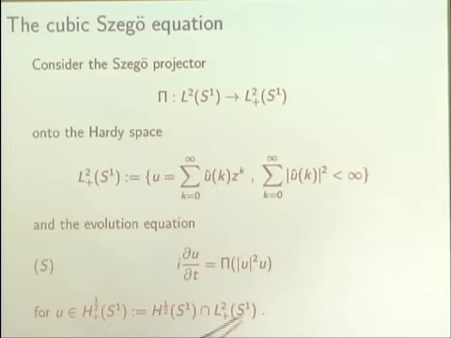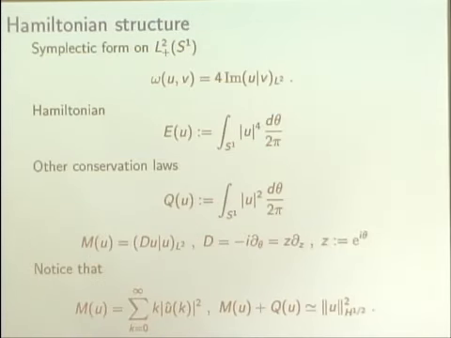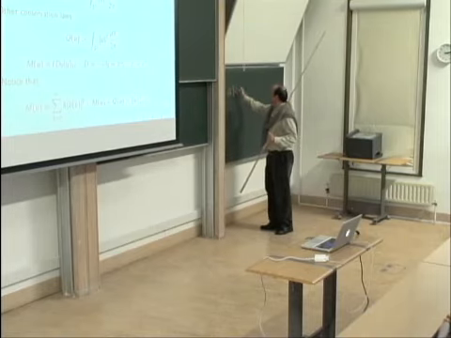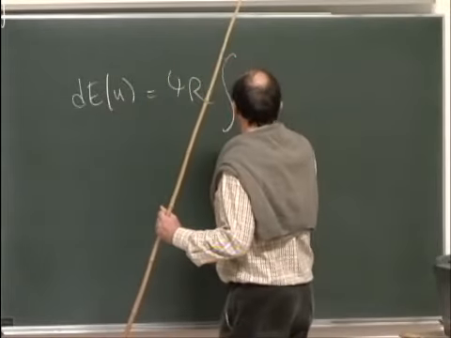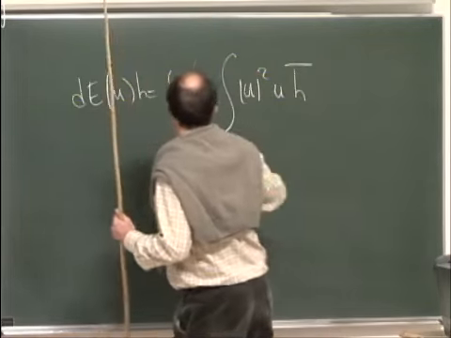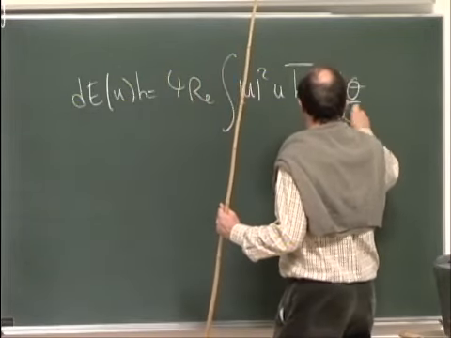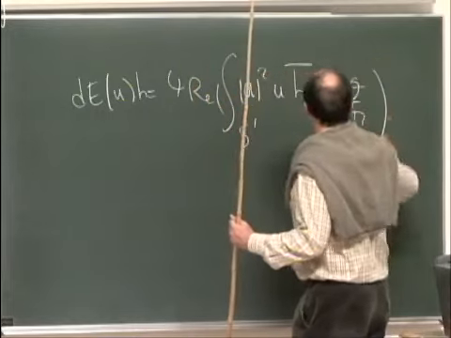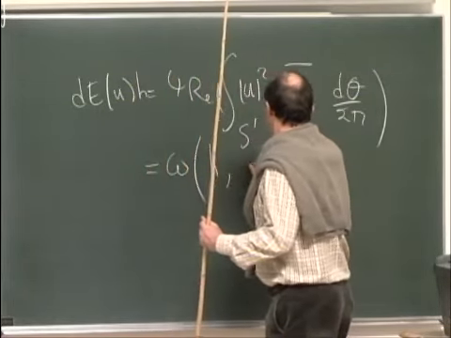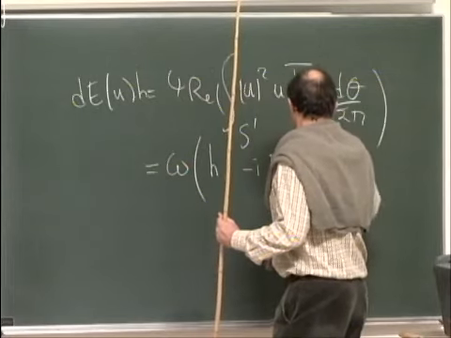Why? Because if you take the differential of the L4 norm to the fourth power, you get 4 times the real part of integral of u squared u times h bar. So this is exactly omega of h and minus i pi of u squared u.